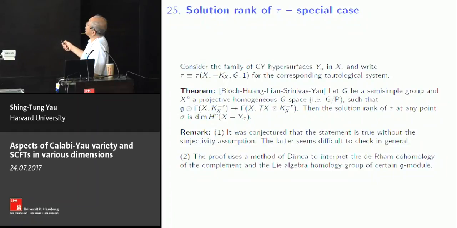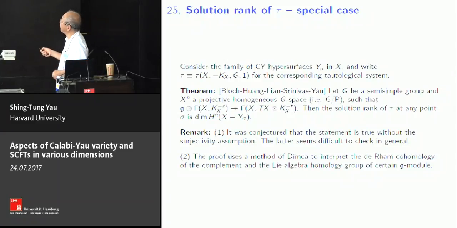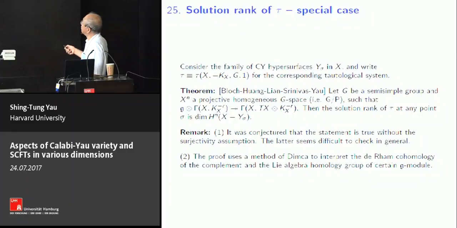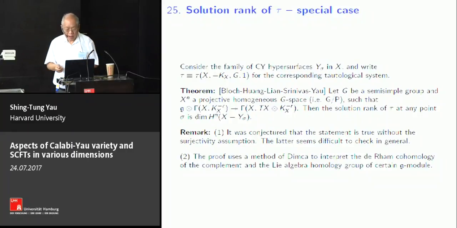So this solution rank can be calculated. This is geometric. You can calculate it in many useful situations. The proof uses the method of Dinkin to interpret the de Rham cohomology of the complement as the Lie algebra homology group of a certain G module. So this is established, and these are useful.